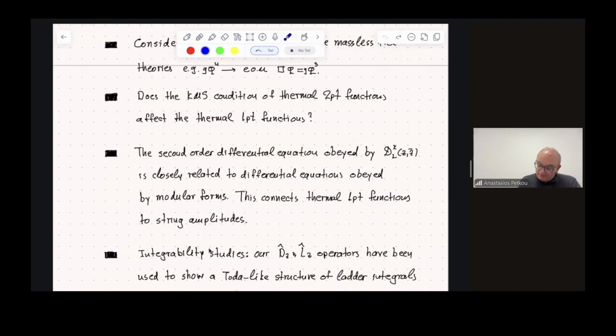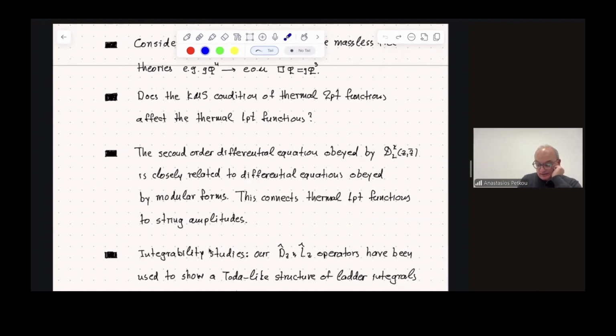Now, the second order differential equation obeyed by these functions is closely related to the differential equation obeyed by modular forms, as I mentioned. So I think this connects thermal 1-point functions to string amplitudes, because these equations are the ones satisfied by string amplitudes, and actually they are called mass differential equations.